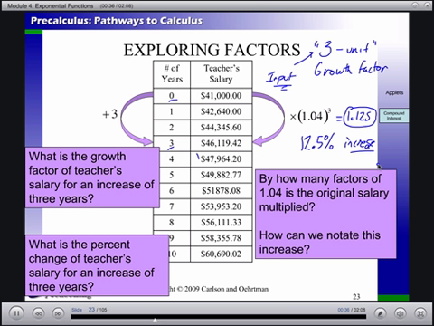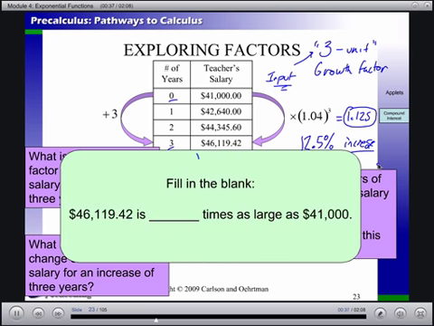So this 1.125 is the 3-unit or the 3-year growth factor. Okay, so how many times as large as 41,000 is 46,119? That's our growth factor, 1.125.